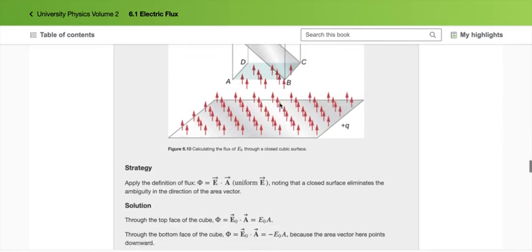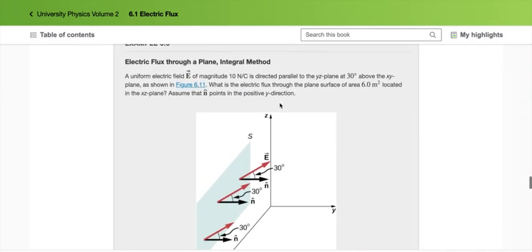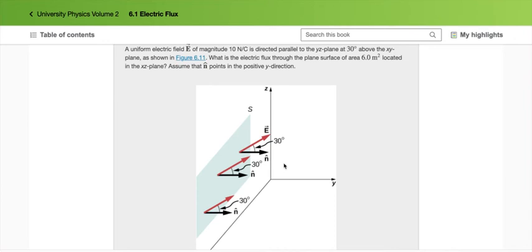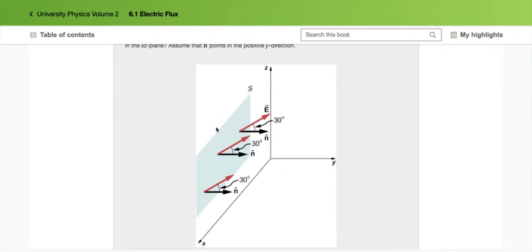And then in the most general cases, when we actually have to do integrals, well, here, let's look at this one first. We've got some surface. E is passing through at an angle. It's not a closed surface. We don't have to actually do an integral. E is constant. We just have E passing through, making some angle with the normal vector.